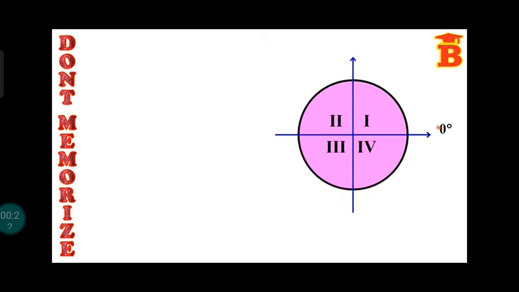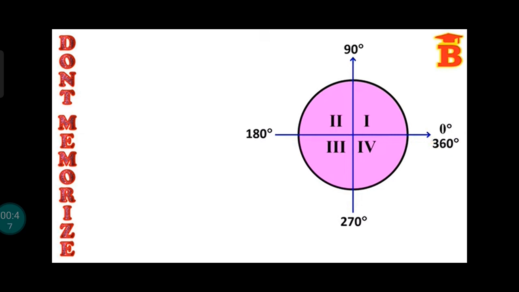This position is 0 degree, then this is 90 degree, then 180 degree, then 270 degree, and after one rotation we get 360 degree. So after the rotation we get 0 and 360 in the same position.